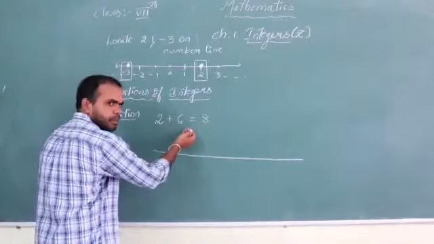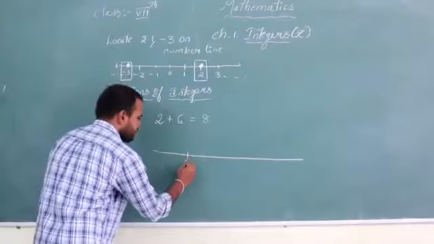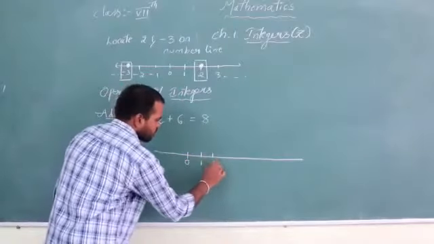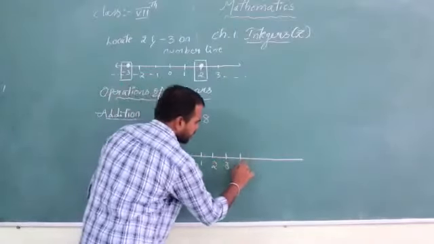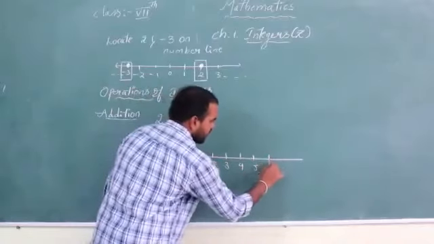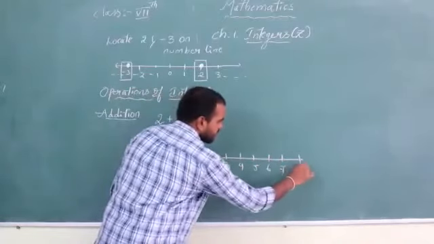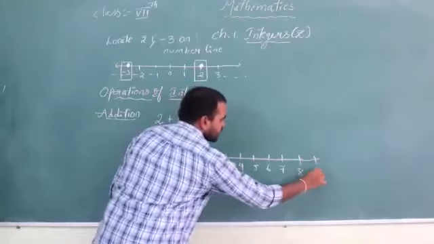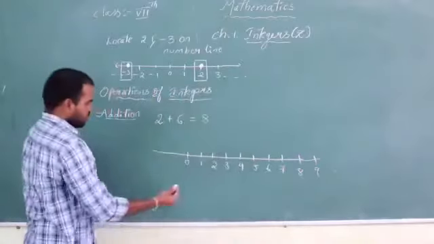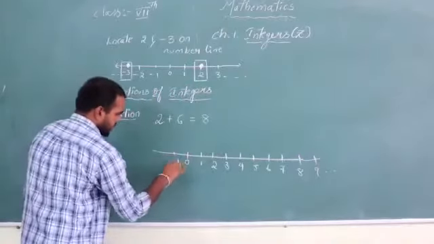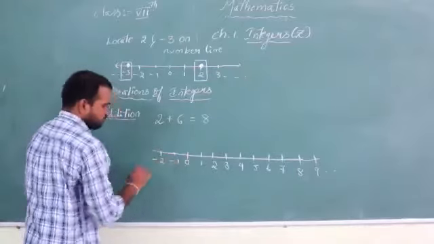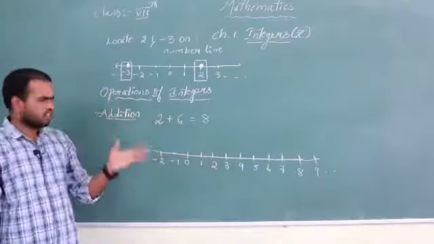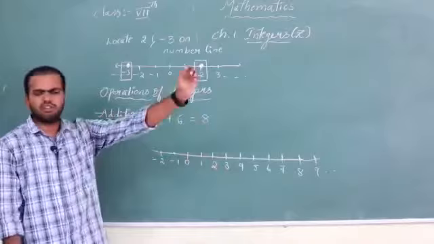Here we have positive numbers only, so I am taking more positive numbers: 1, 2, 3, 4, 5, 6, 7, 8, 9 and so on. The left side numbers are minus 1, minus 2. I will stop here because our answer is positive.